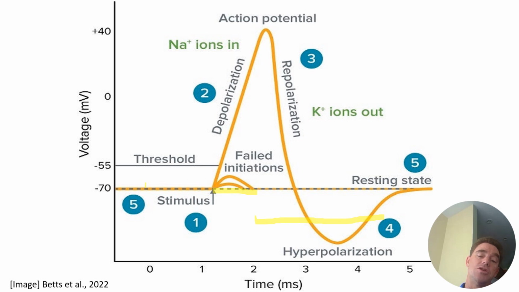So how your brain interprets that is the number of signals, not the power of each signal. You can see here we have some failed initiations. That's just simply not enough of a stimulus to actually send that signal. So your nerve does require a certain level before it actually sends that signal.